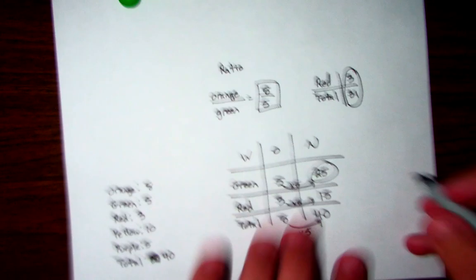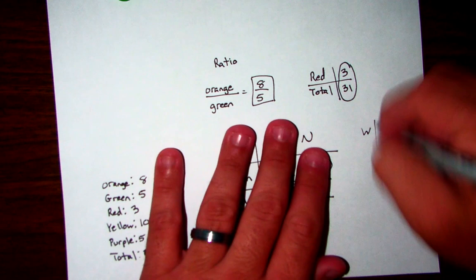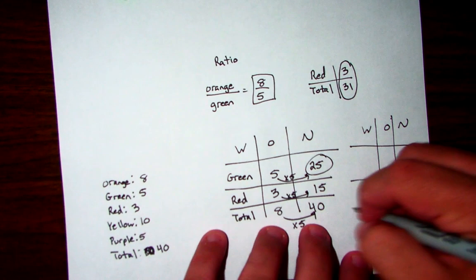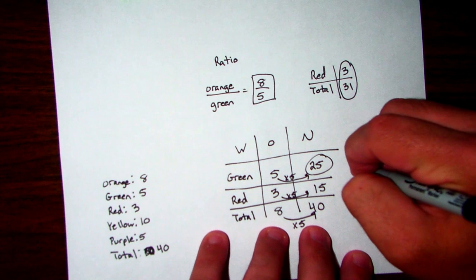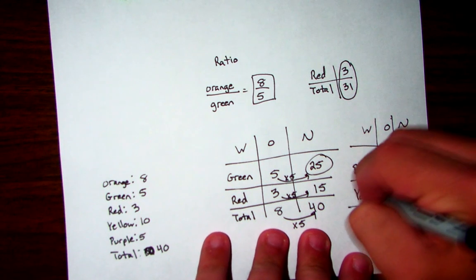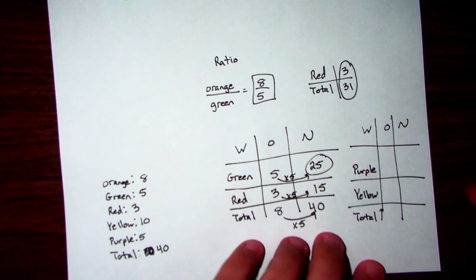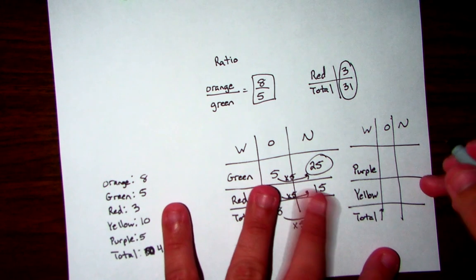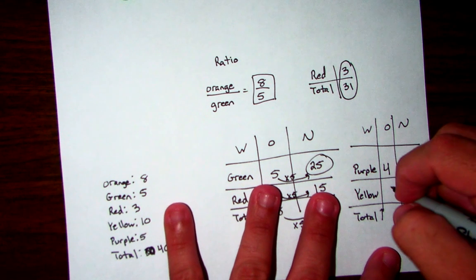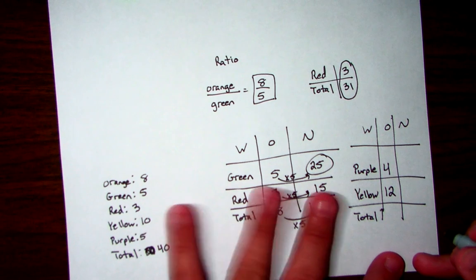Let's do one more example just like this. Now, again, I'm just going to make it up. I'm not using the Skittles that I have. This time, let's say I'm comparing purple to yellow to total. This time, my scale factor is 4 purple to, I don't know, 12 yellow.